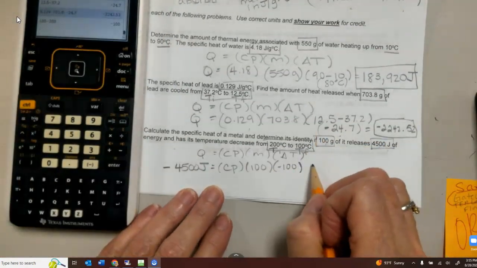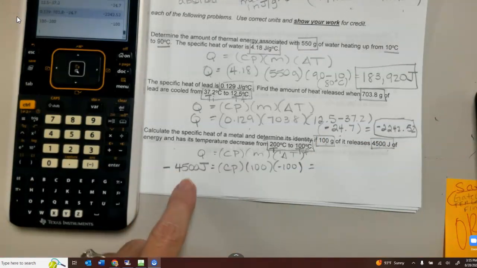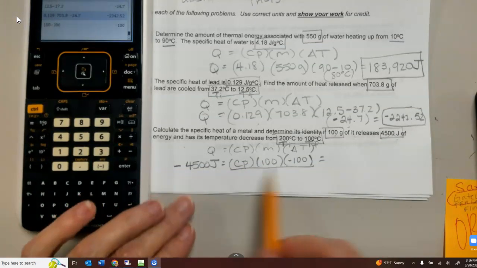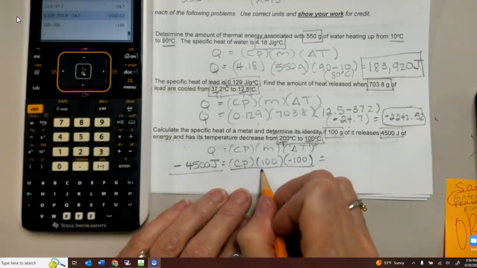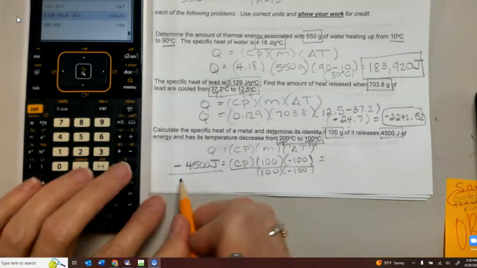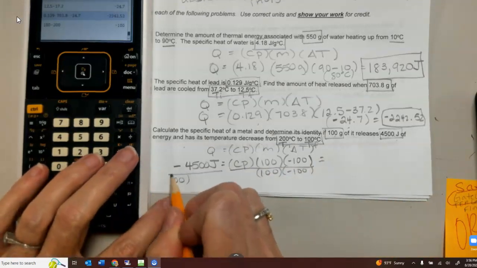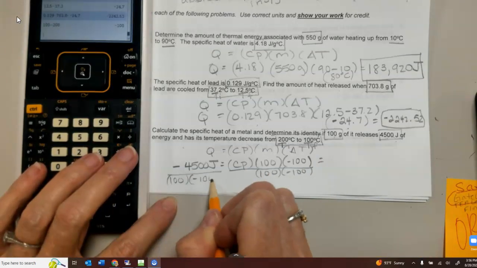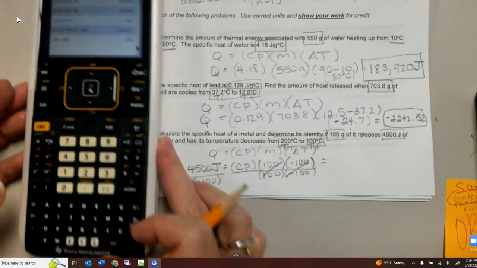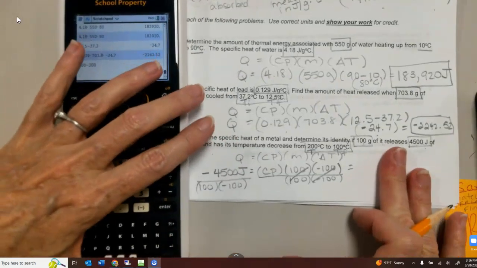All right, so now I'm ready to solve. I've got negative 4,500, so I need to divide both sides by what? I've got to get rid of this 100 and this negative 100. All right, those cancel each other out. So now I'm ready to put it in the calculator.